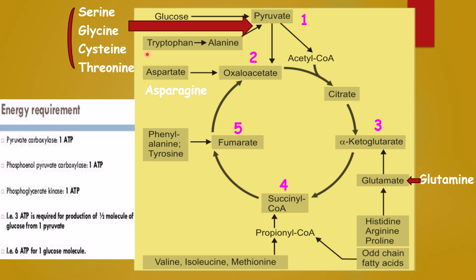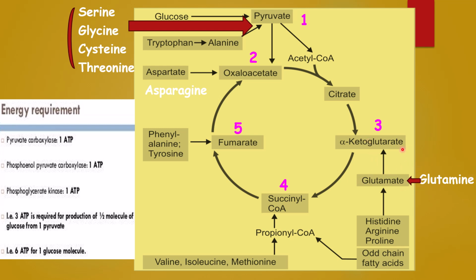Similarly, all the intermediates are directly or indirectly involved in the gluconeogenesis step via converting finally to malate. You can see here, phenylalanine and tyrosine are convertible to fumarate. Then valine, isoleucine, and methionine are all glucogenic amino acids, so they convert to succinyl coenzyme A. Then histidine, arginine, and proline are convertible to glutamate, and alpha ketoglutarate is the keto acid of glutamate.